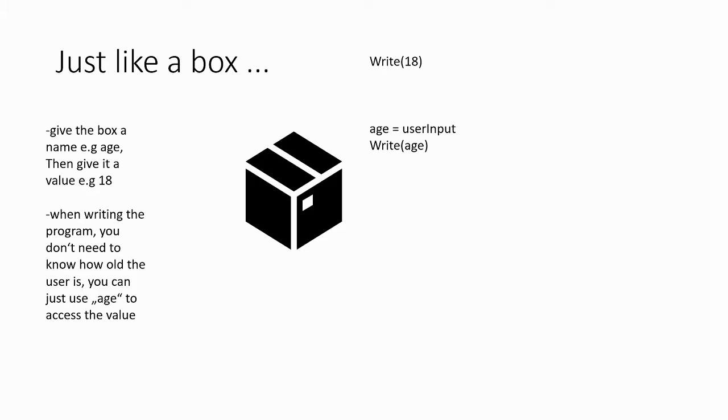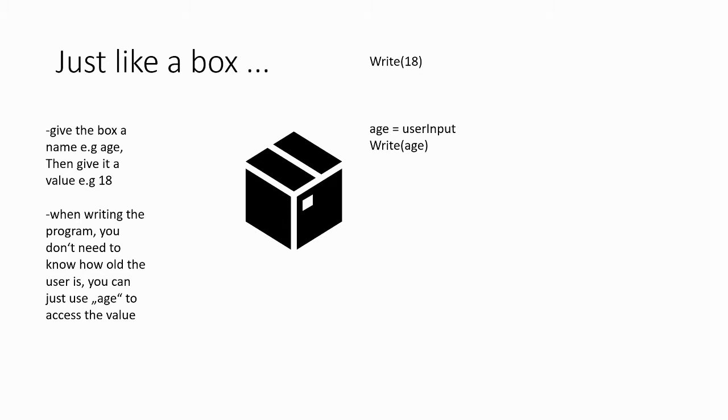And then when you write the program, you just hand the box over. So you just say write age instead of writing 18. Okay? If you don't understand it, as I said many times before in the introductory video, it all becomes clear once we start programming with this concept. And this video is just so you can have a quick overview or come back once in a while.